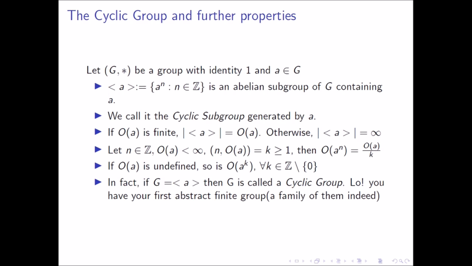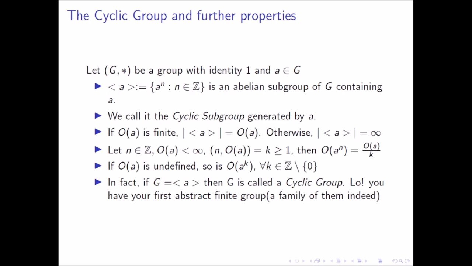So basically it says that if K is the GCD of n and order of A, then K divides order of A, and the quotient which you get by dividing order of A by K is the order of A power n. So if n and order of A are co-prime, that is the GCD is 1, it turns out that order of A power n is simply order of A. This is also easy. Just try to prove this. If order of A is infinite, so is order of A power K. Also try to prove this one.